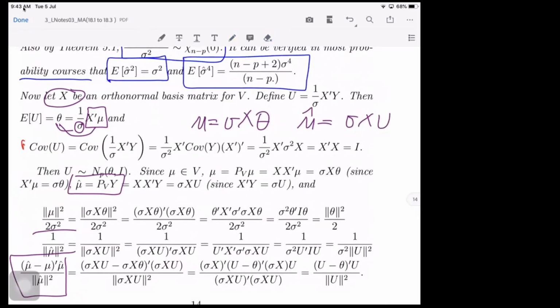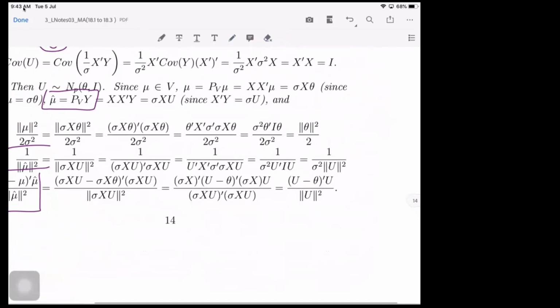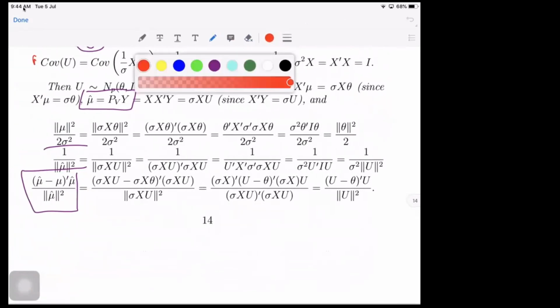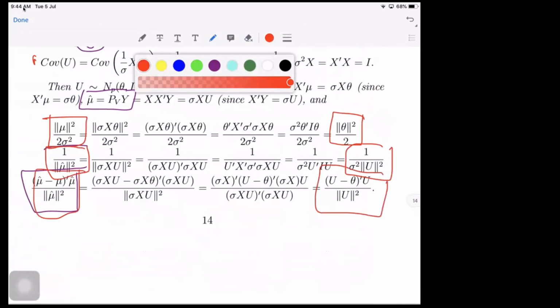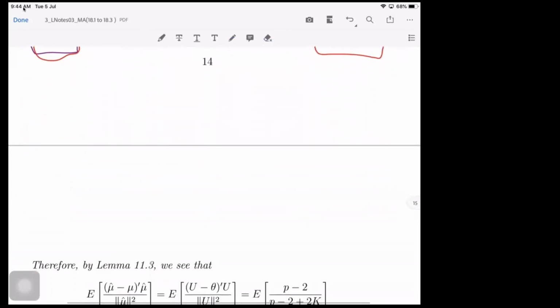So this is your u. So from mu hat, you can easily transform it in terms of u, which is in terms of x prime y. So the mu can also be in terms of theta, in terms of u, and this transformation in terms of u. So that is the emphasis of these derivations here.